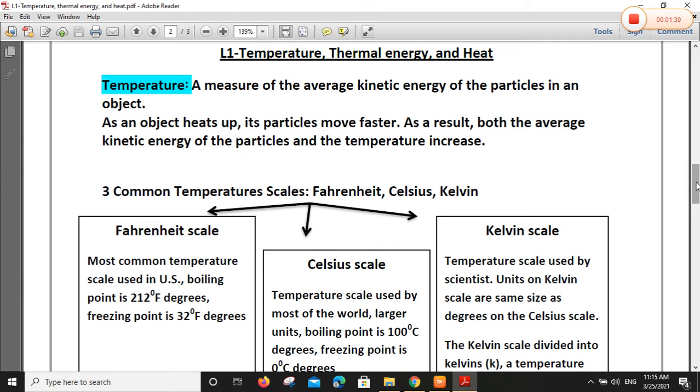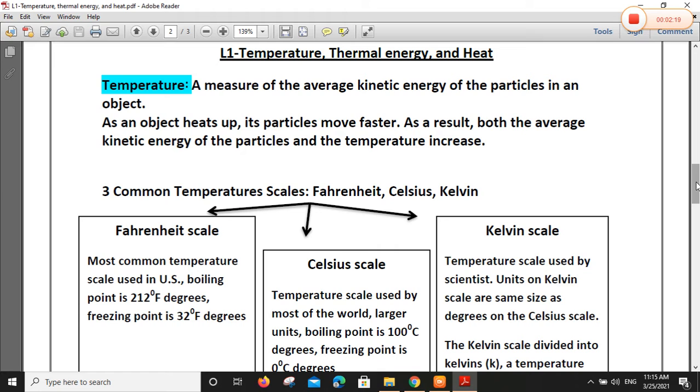Don't forget, the boiling point of water is 212 degrees Fahrenheit. What about the freezing point? The freezing point of water is 32 Fahrenheit degrees. Don't forget, the freezing point of water, 32 Fahrenheit degrees.